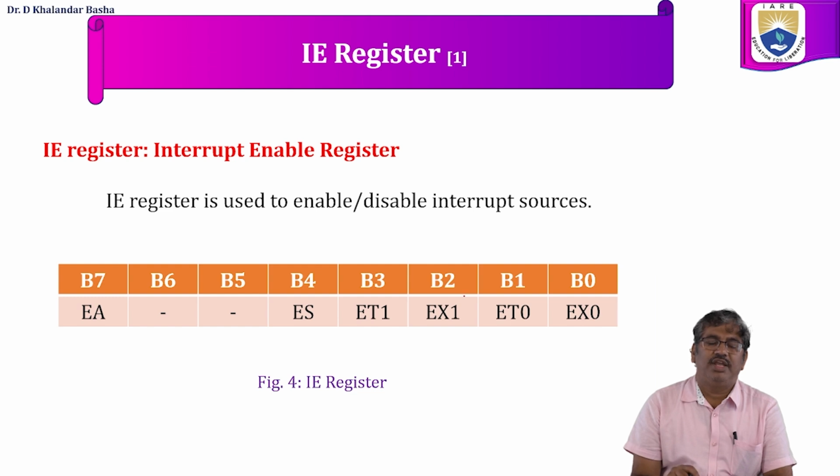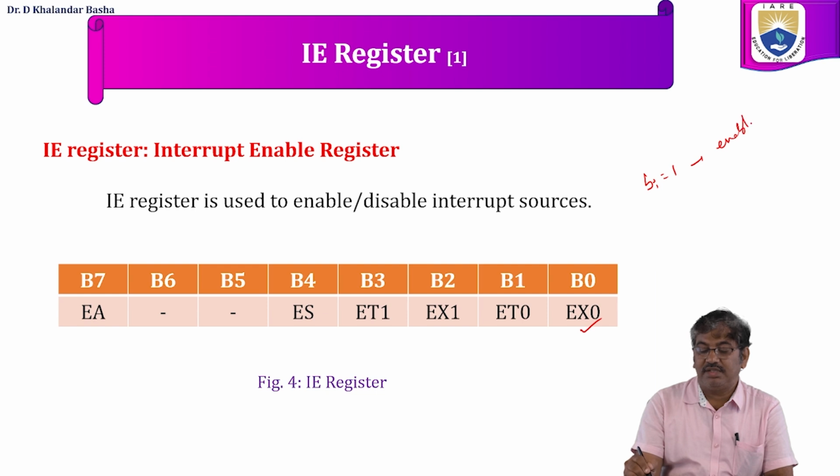Now for enabling the interrupts in the 8051 microcontroller, we have to configure 2 registers. One is the interrupt enable register, the second one is the interrupt priority register. The format of the interrupt enable register is shown in the figure, where the LSB is EX0. Whenever a particular bit is equivalent to 1, it indicates the enabling of that kind of interrupt.